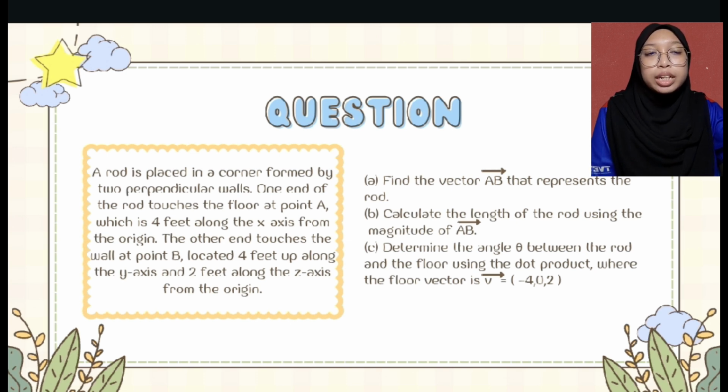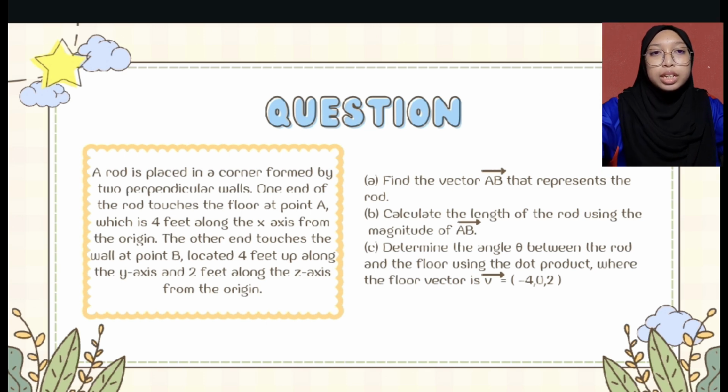B. Calculate the length of the road using the magnitude of AB. C. Determine the angle theta between the road and the floor using the dot product, where the floor vector is V, which has components 4 in the x direction, 0 in the y direction, and 2 in the z direction.